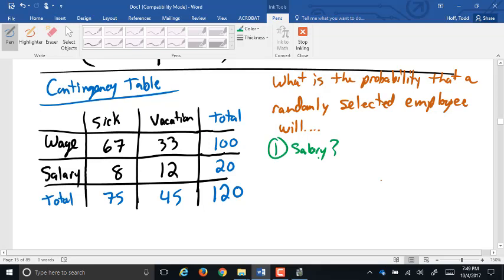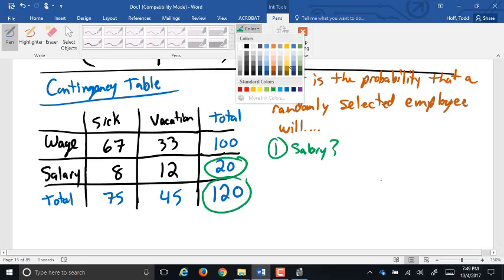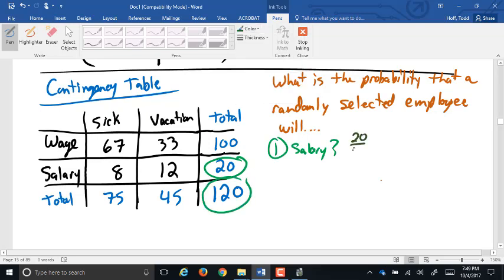Well, how many employees are on salary? 20 out of 120. 0.1667 or 16.67%.